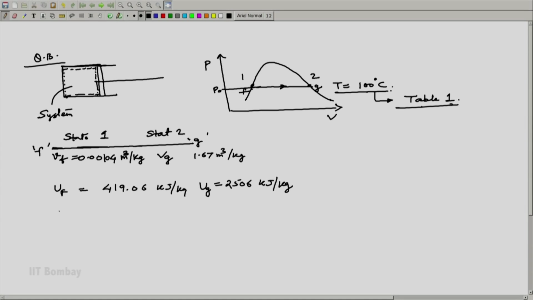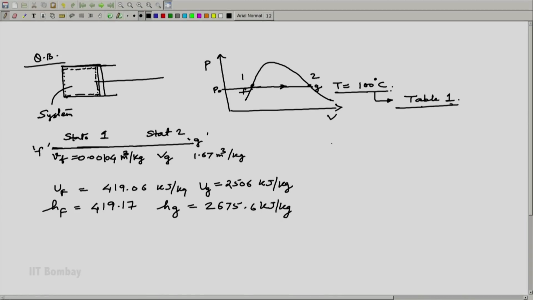The third property I am concerned about is enthalpy, which is hf equal to 419.17 and hg equal to 2675.6 kilojoule per kg. So these are the different properties that we read for state 1 and state 2 as shown in the diagram.